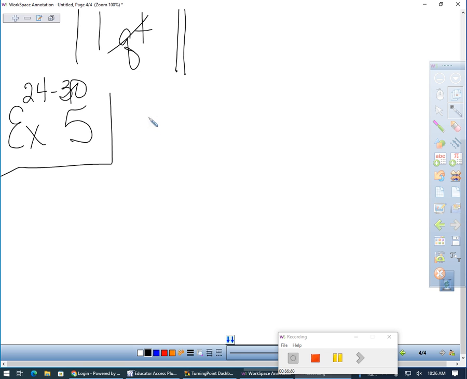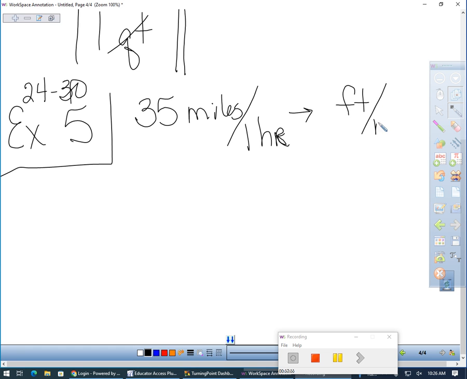We are going to convert 35 miles in 1 hour to feet per minute.